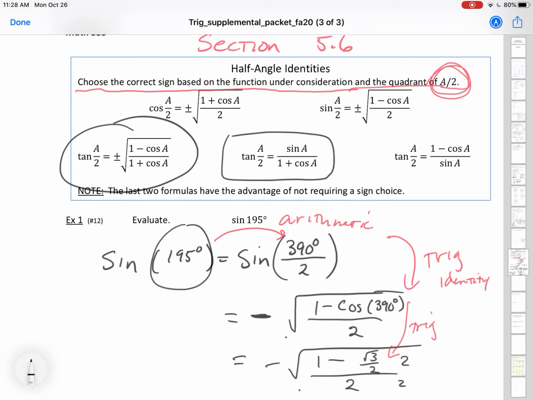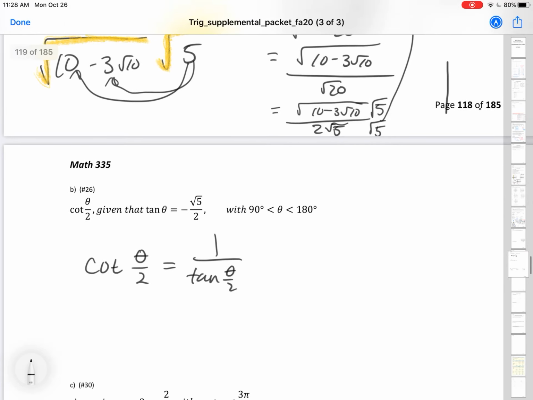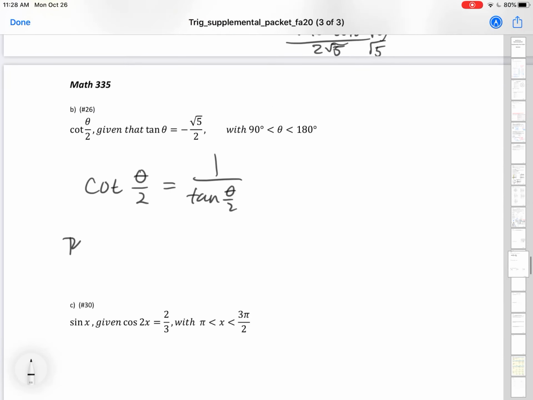And what's nice about these two is they don't require a sign choice. It's been made for us. Let's take that one. The one that says sine A over 1 plus cosine A. Okay, so we know that tangent of theta over 2 is equal to sine theta over 1 plus cosine theta.